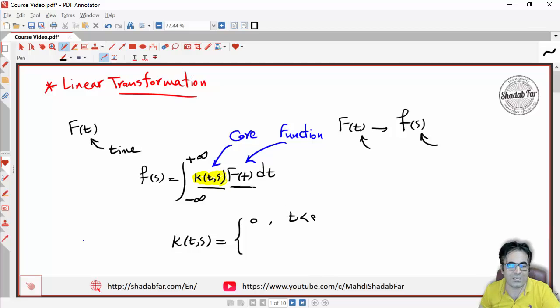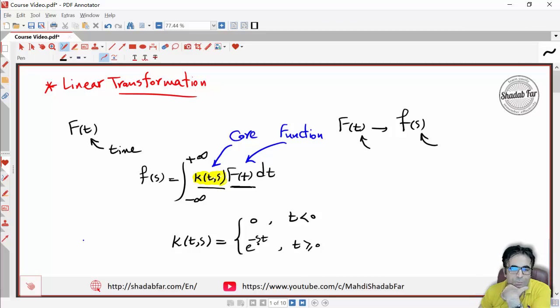Well, if t is time, t less than 0 doesn't make sense, right? So anyway, the answer of the Laplace transformation is also going to be 0. So let's think about the cases where t is greater than or equal to 0. In this case, the function is going to be exponential of minus st. That's it.